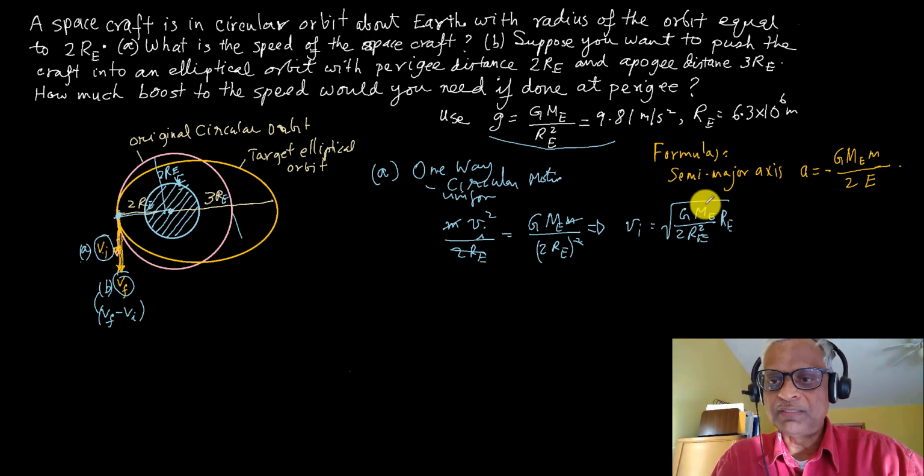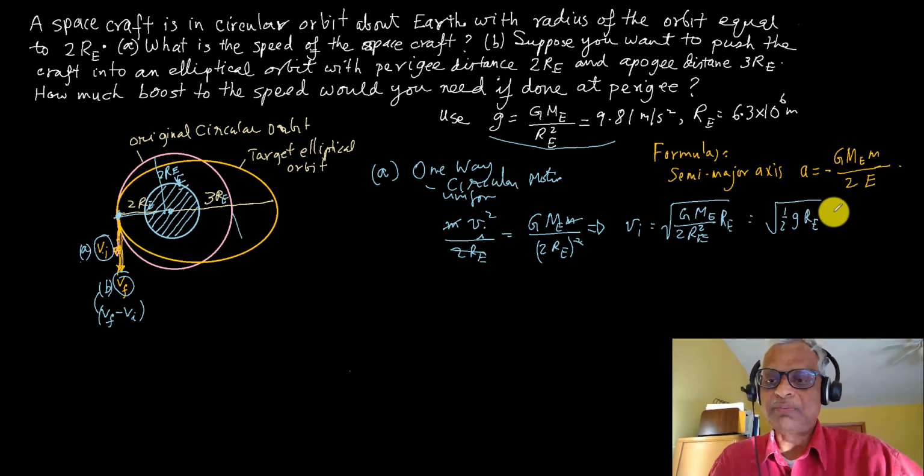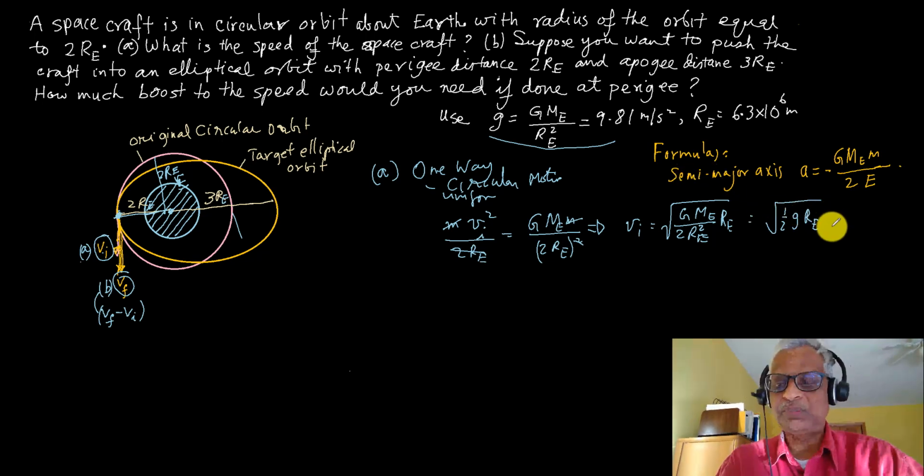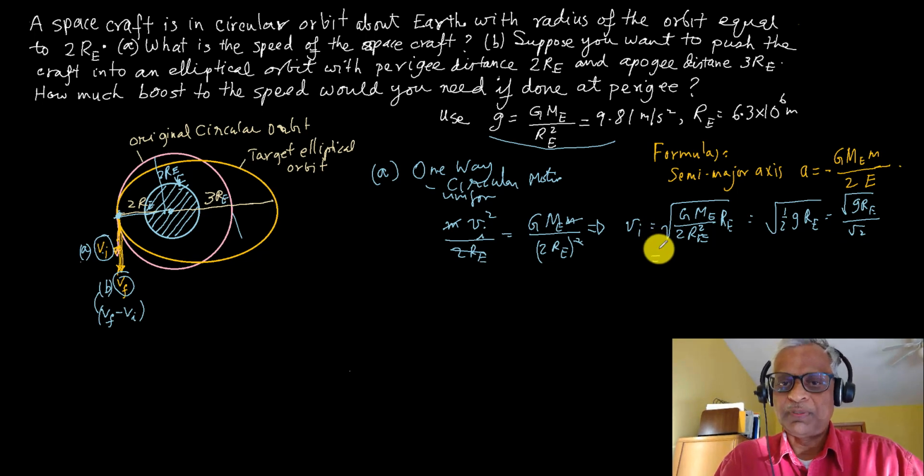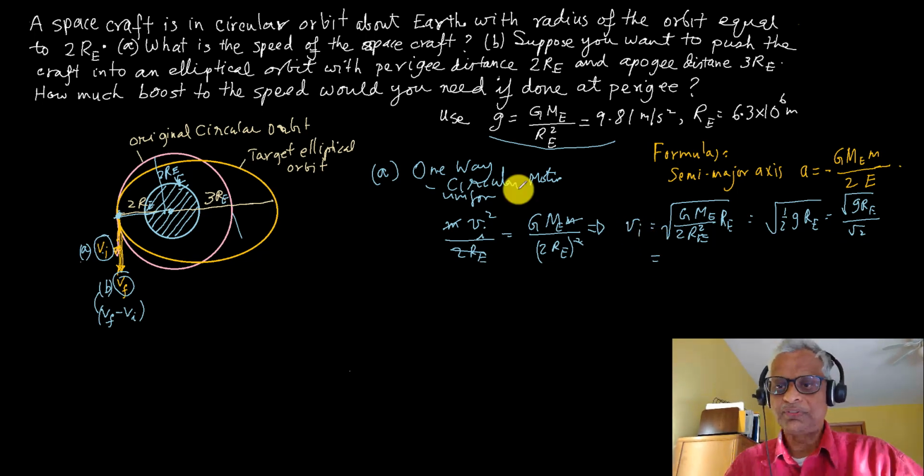This thing becomes the square root of half G RE. We have all the numbers given, so let me work out the numbers. I'm going to work out the square root of G RE and then divide by the square root of 2, because we're going to need that number for B also.